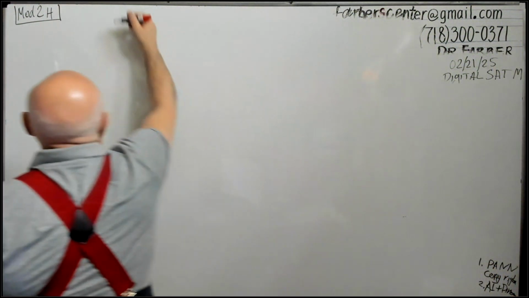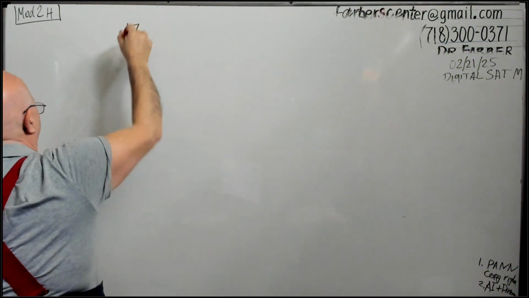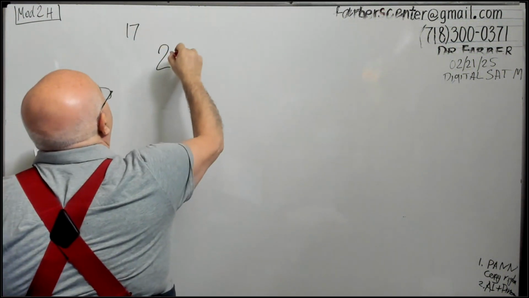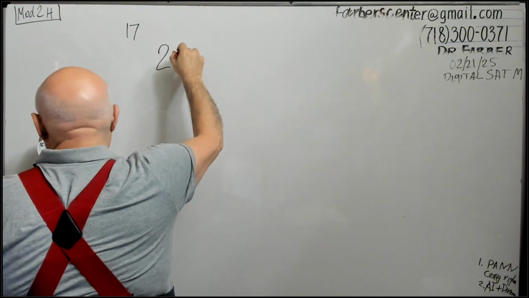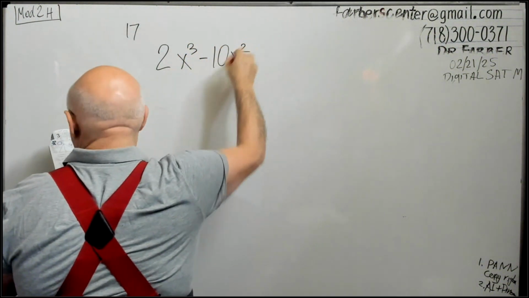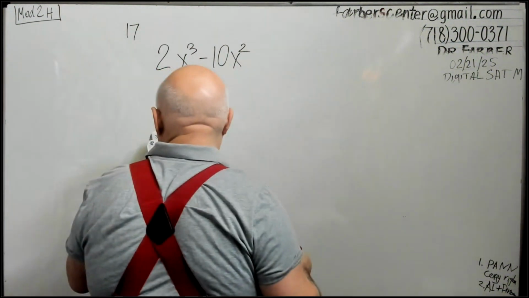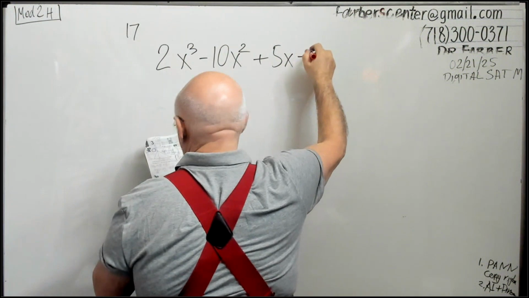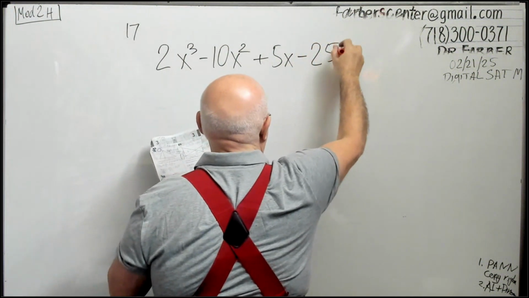In number 17, we have, let me write, 2x cubed minus 10x squared plus 5x minus 25 equals 0.